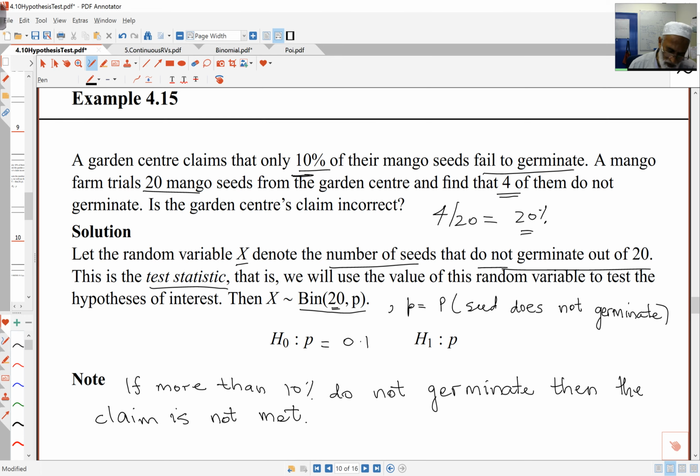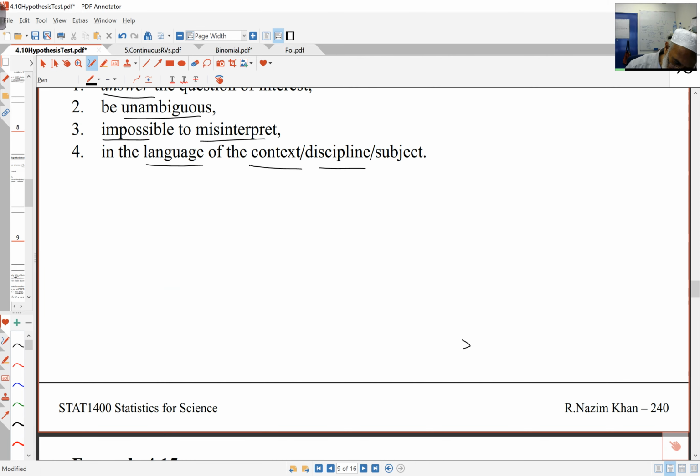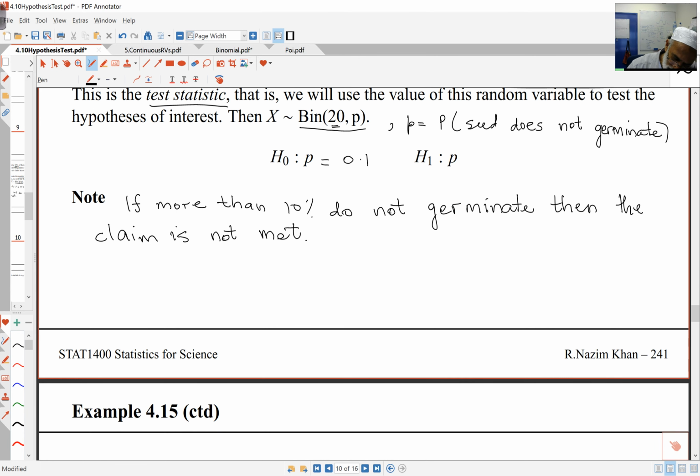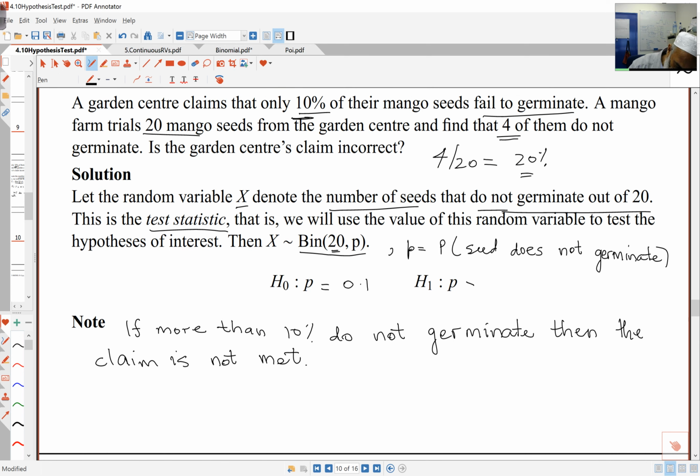So we need to look at which way it goes. Here, of course, it will be bigger than or less than, but bigger than is what we're looking for. We're looking at p bigger than 0.1 or 10% as what will be counter to the claim of the garden center.